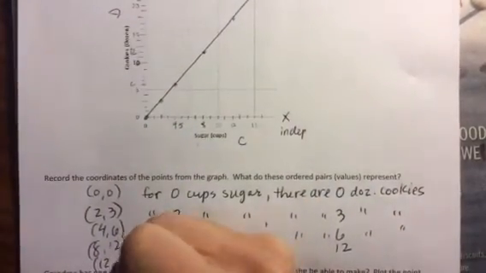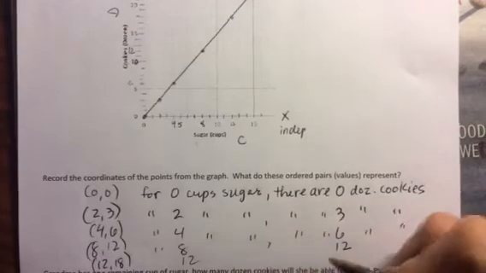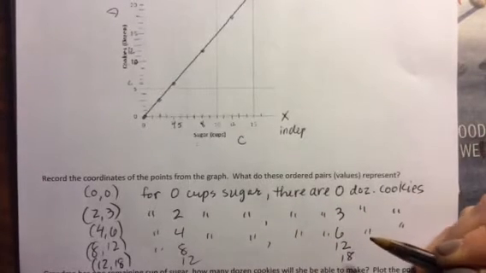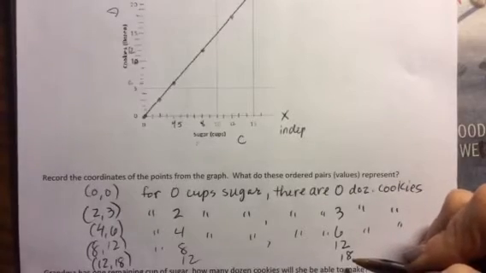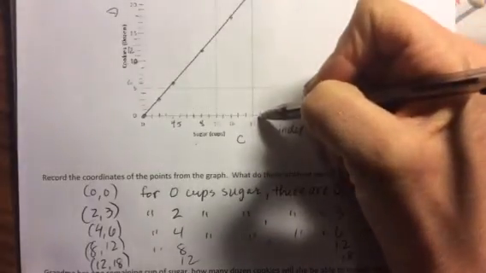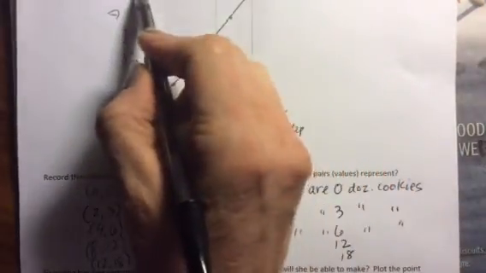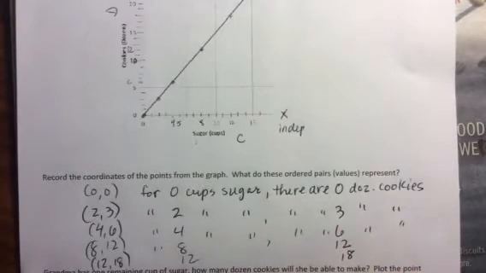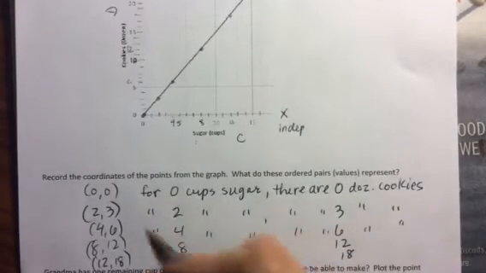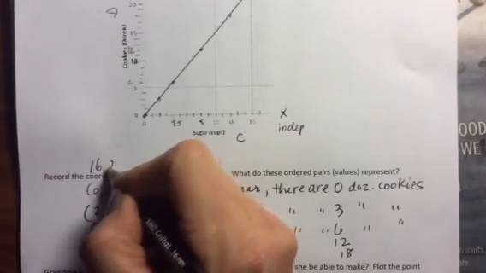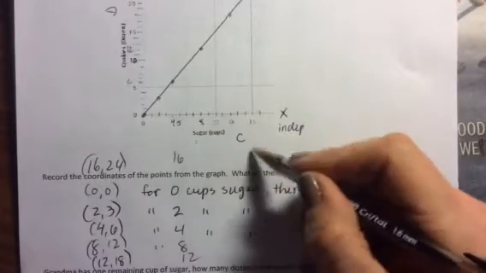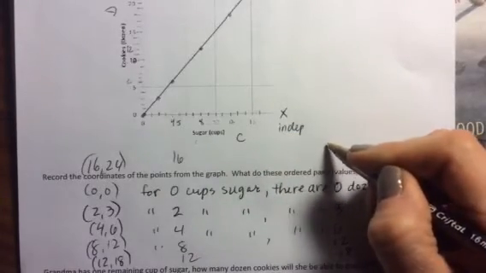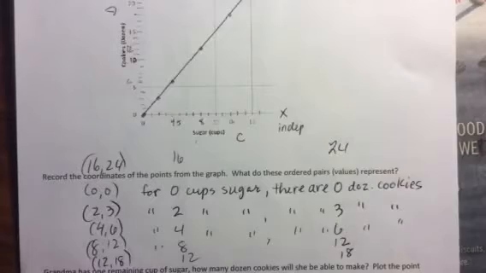So for 12 cups of sugar, there are 18 dozen cookies. And then the last one is up here. If I come down, I'm right after 15 at 16, and if I come over here, I'm at 24. So for 16, 24: for every 16 cups of sugar, there are 24 dozen cookies.